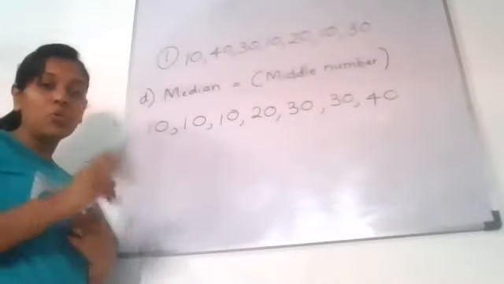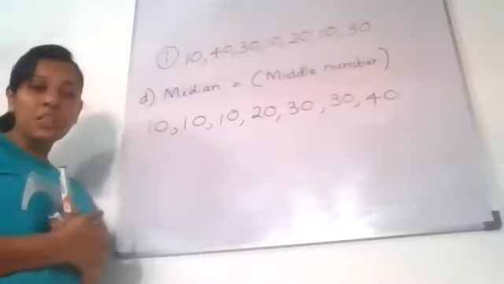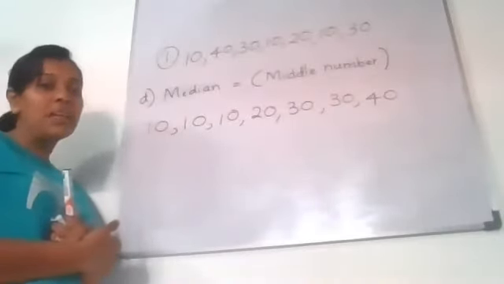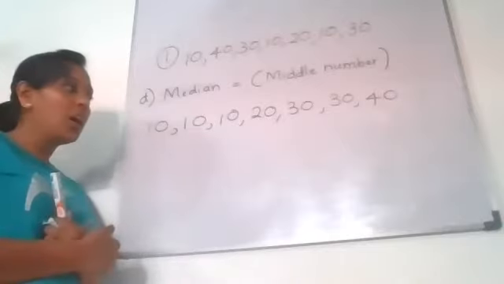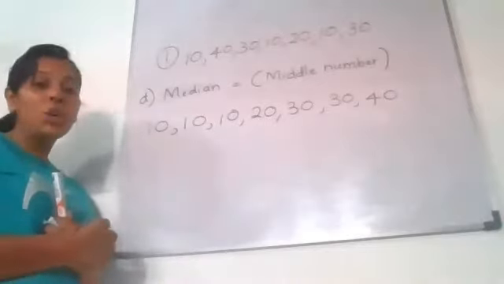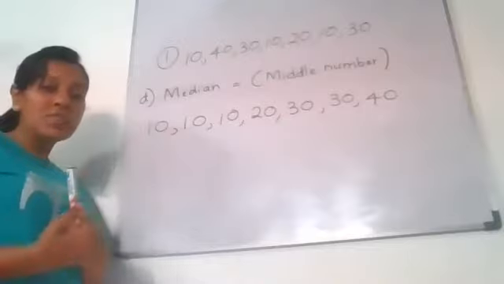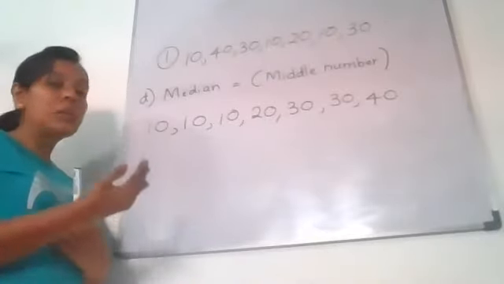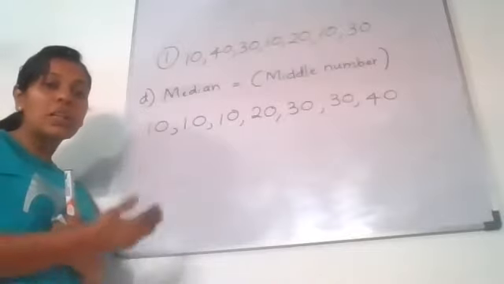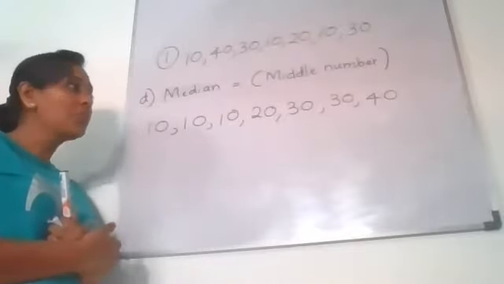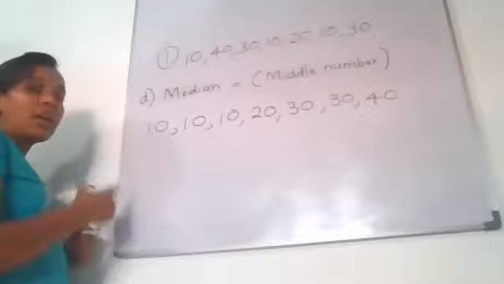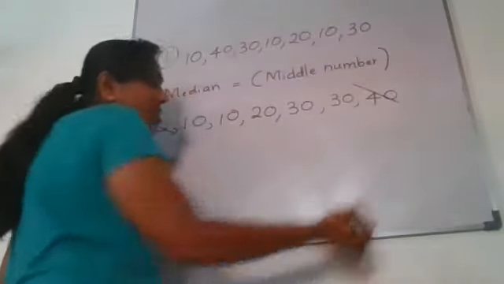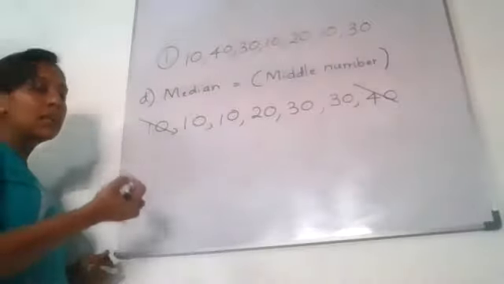both methods. There are two methods, but the first method, of course, is just a cutting method. It's not a standard method. So therefore, for the exam, you better use the second method. But I will explain the first method. That method is called the cutting method, right? So what you have to do, you start cutting one from front and one from back till you get the middle number.